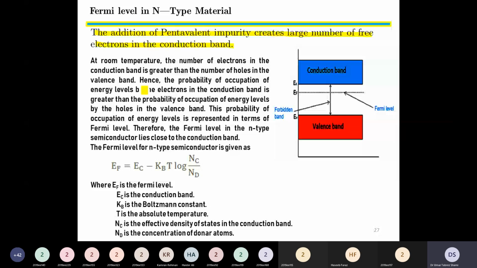At room temperature, the number of electrons in the conduction band is greater than the number of holes in the valence band. Hence, probability of occupation of energy levels by the electron in the conduction band is greater than the probability of occupation of energy levels by the holes in the valence band. This probability occupation of energy level is represented in terms of Fermi level.